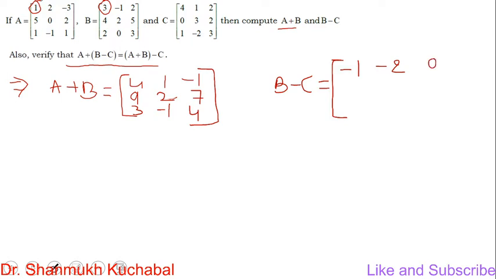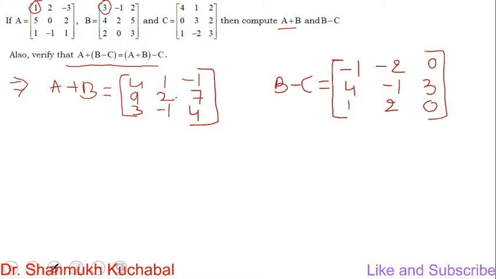Next 4 minus 0 is 4, 2 minus 3 is minus 1, 5 minus 2 is 3. Next 2 minus 1 is 1, 0 minus of minus 2 plus 2 we get, 3 minus 3 we get 0. So this is our B minus C.